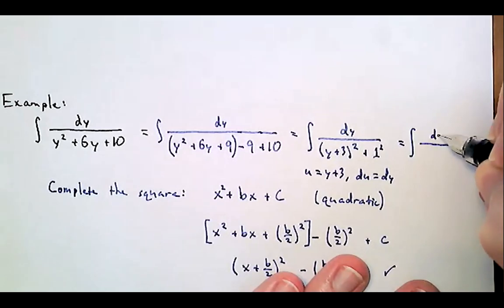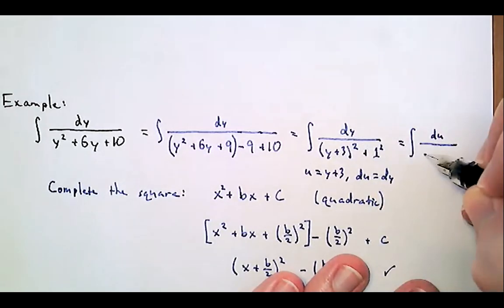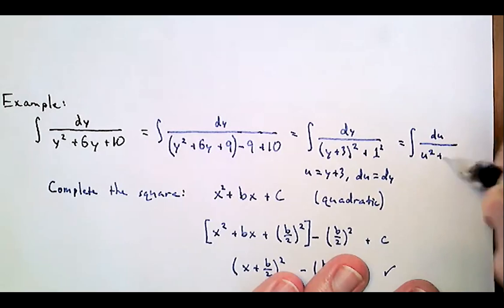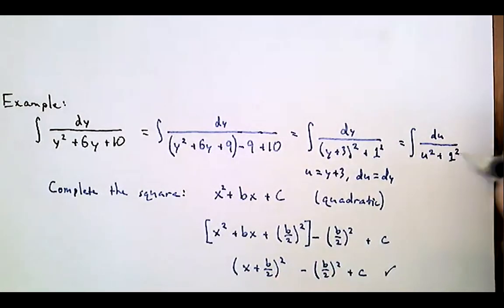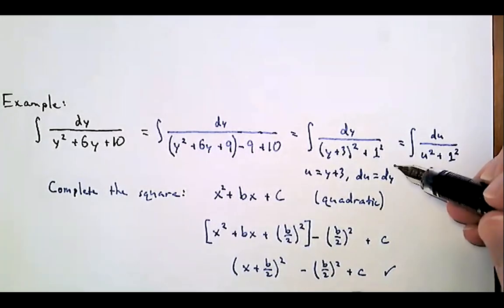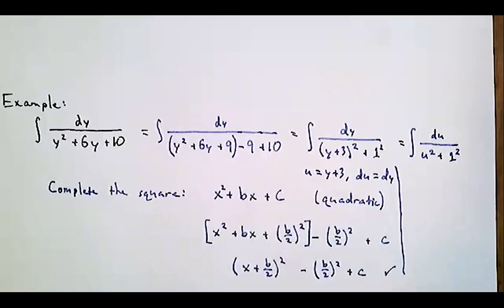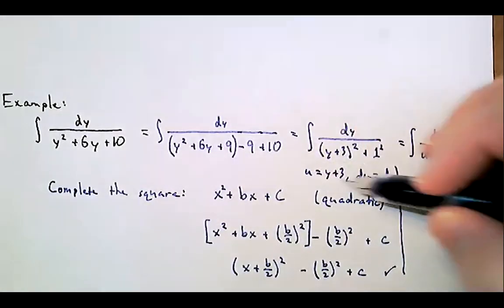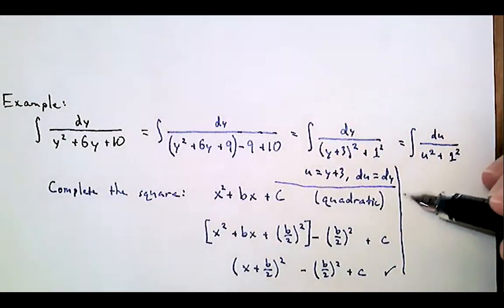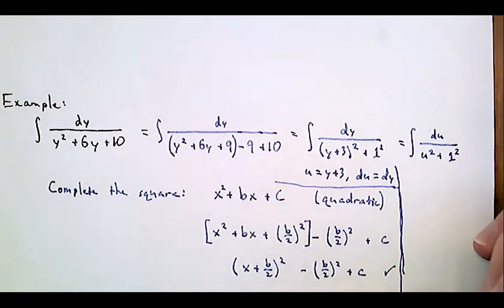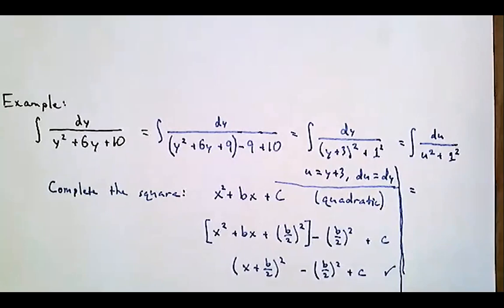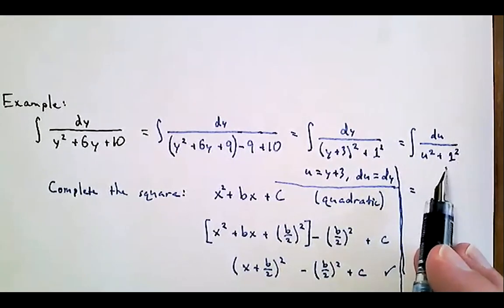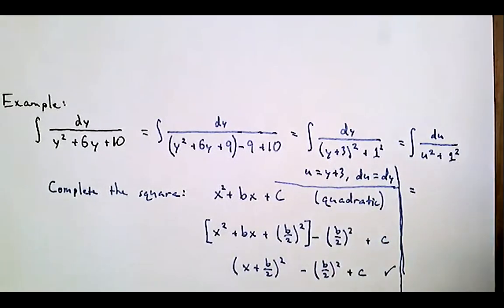We get a du in place of dy, and then u squared plus 1, or plus 1 squared if you prefer. Okay. So I'll draw in a little line there to separate this out from our earlier work. So this is going to be an arctangent. a is equal to 1, u is y plus 3.